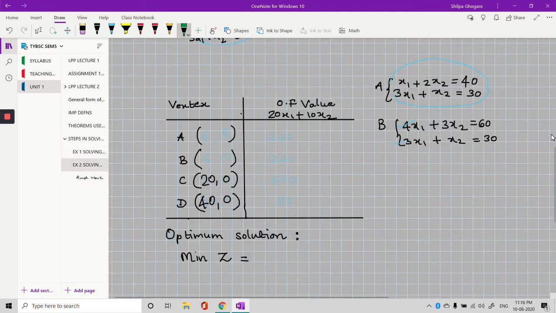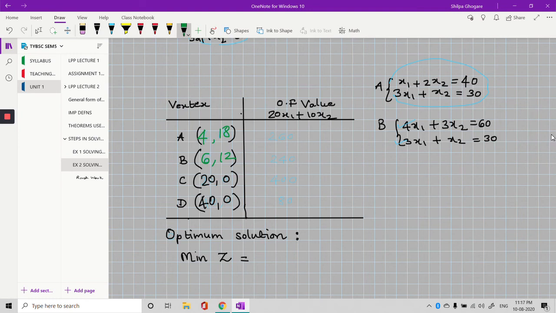Please try to understand, C and D were lying on the axis, so we got them quickly from the graph, whereas A and B were in between, in the region. One can find them from the graph, but it is always better to solve the equations simultaneously as we have done here, and then get the coordinates of A and B.